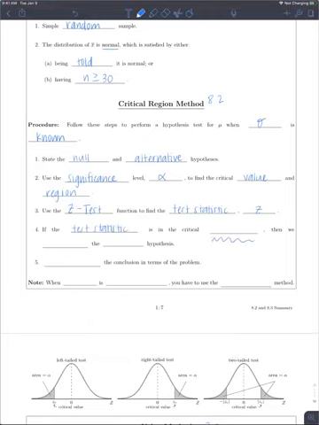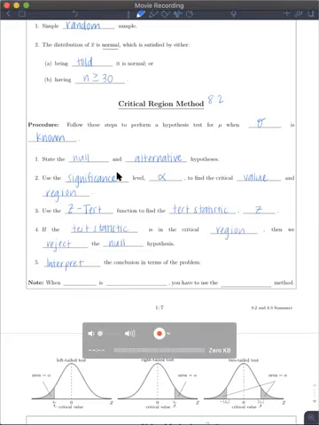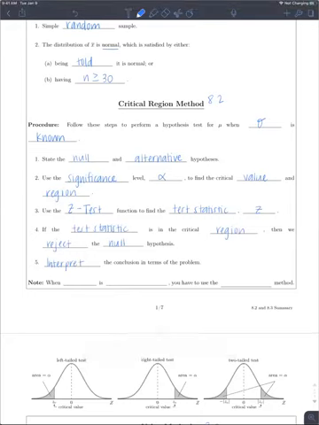Yeah, if it's inside of your critical region, then we reject the null hypothesis. And the very last thing you do after finding all of those things is interpret your conclusion in terms of the problem.